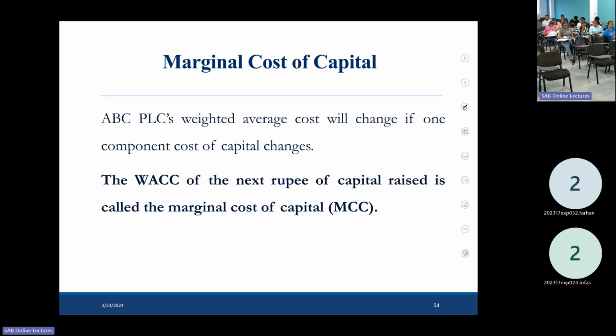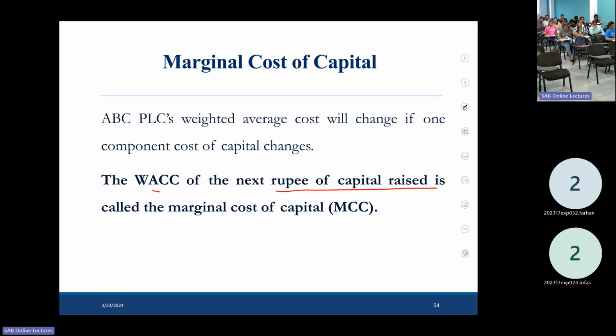You have to have more equity or more debt. Then you should be able to identify the marginal cost of capital, or MCC. That is WACC, this is MCC. So what is the marginal cost of capital? It is defined very clearly in the second bullet: the weighted average cost of capital of the next rupee of capital raised.